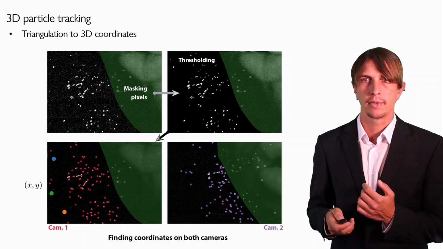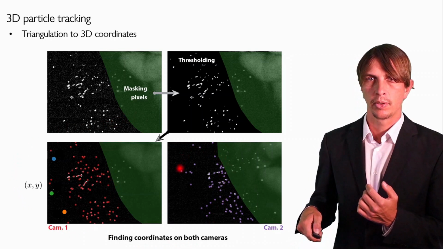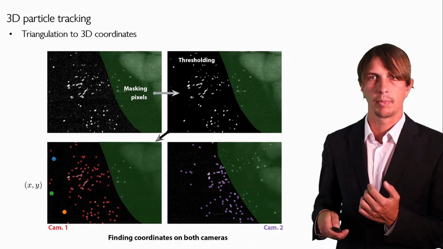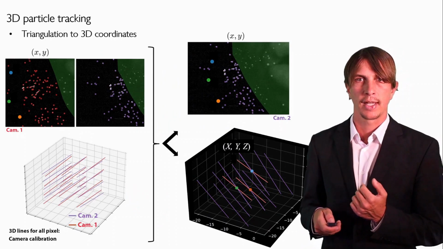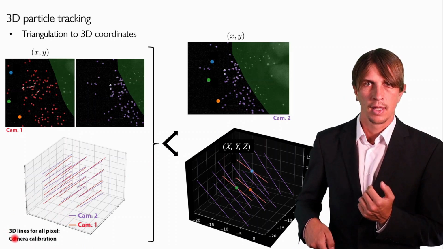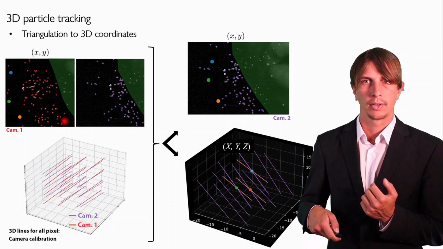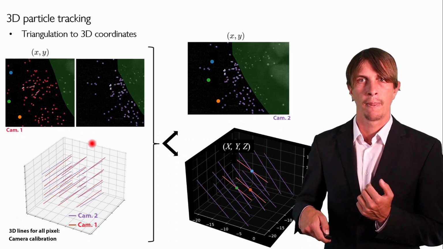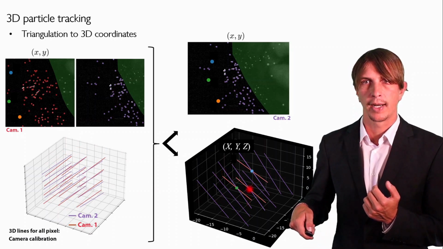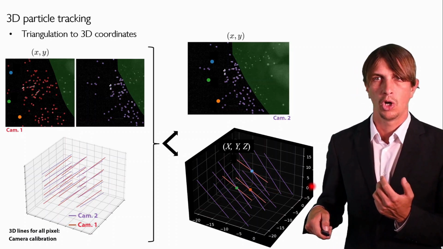And the question is, which one of those 3 corresponds here? We need to find a relation between them. And to do that, we are going to use 3 lines corresponding to those 3 dots using the camera calibration mentioned previously. So in this case, we have these 3 red lines for each of the dots, while camera 2 will have all options.